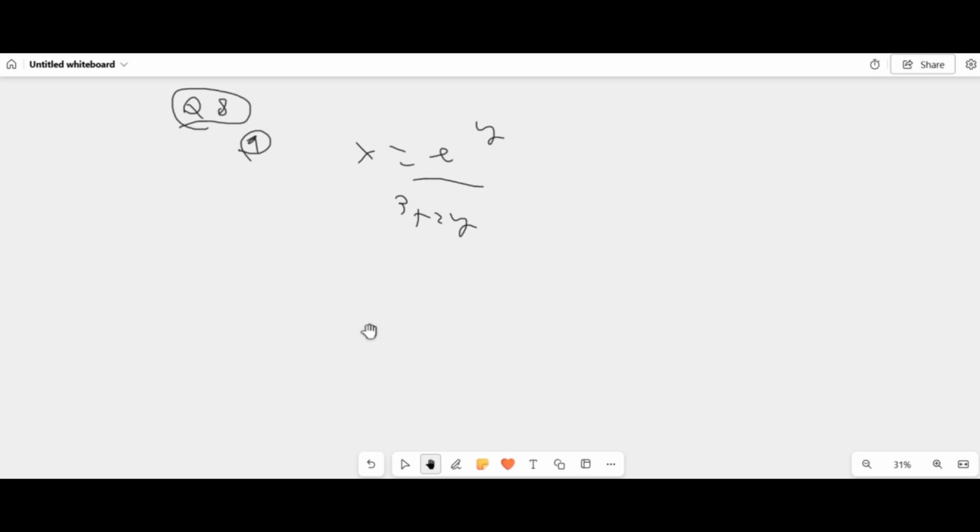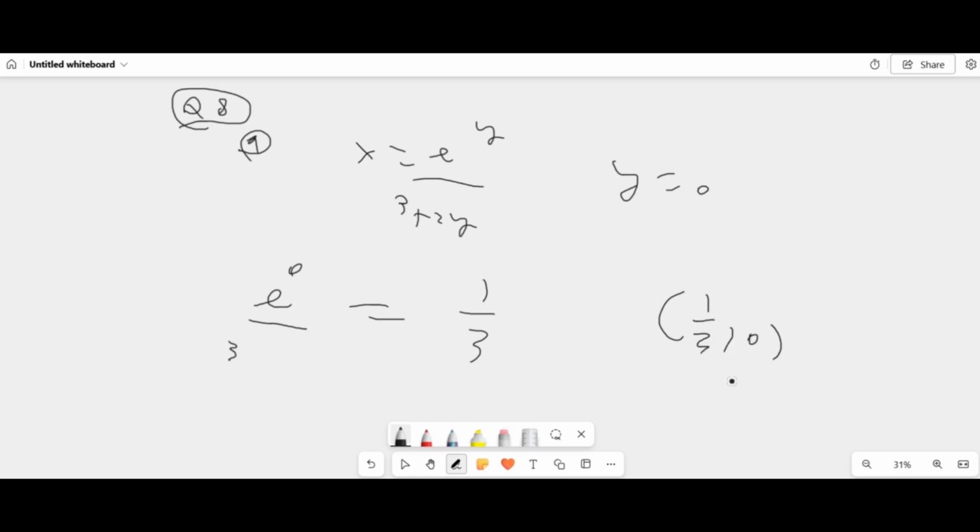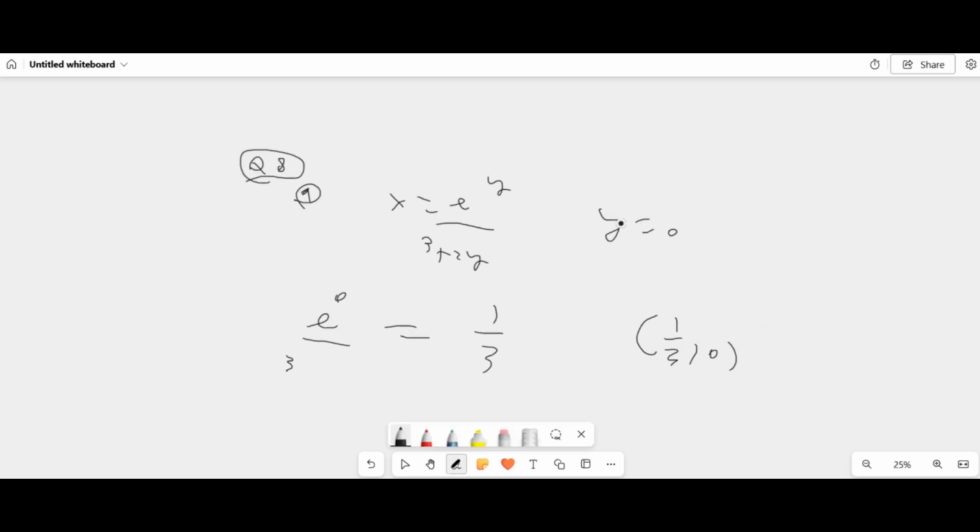Find the coordinates of the point P where the curve crosses the x-axis. So crosses the x-axis, that means that y is 0. So make y equal to 0. That's just going to be e to the power of 0 over 3, because 2 times 0 is 0. That's going to be 1 over 3, because e to the power of 0 is 1. So therefore, the coordinate is going to be 1 over 3 and 0. All right, safe. Part B.